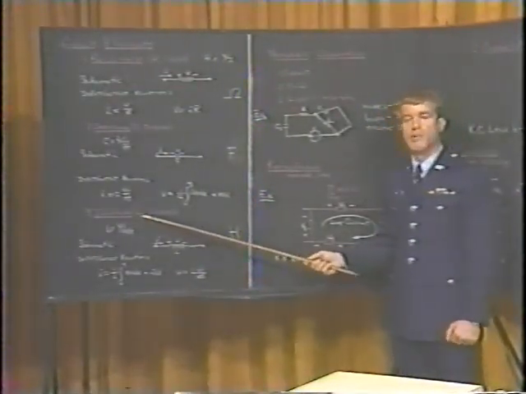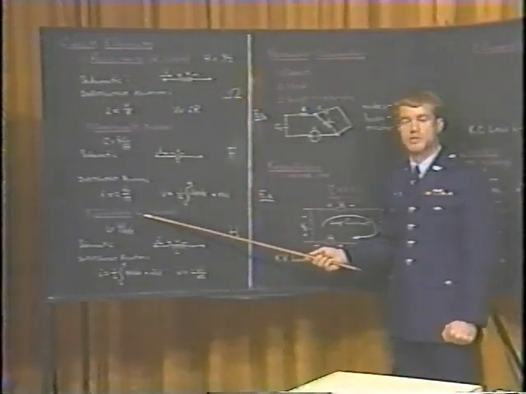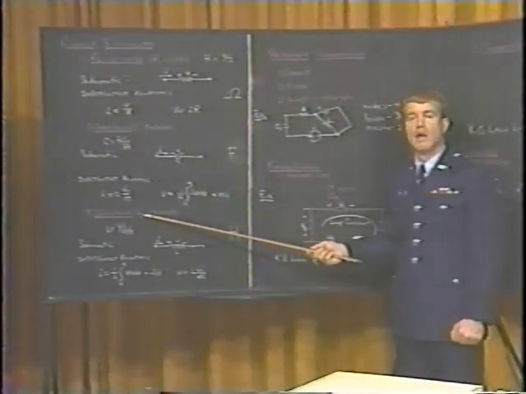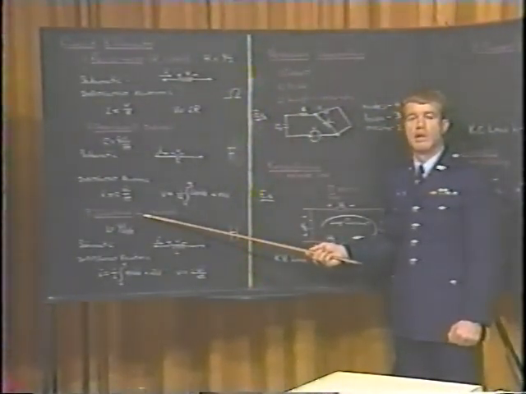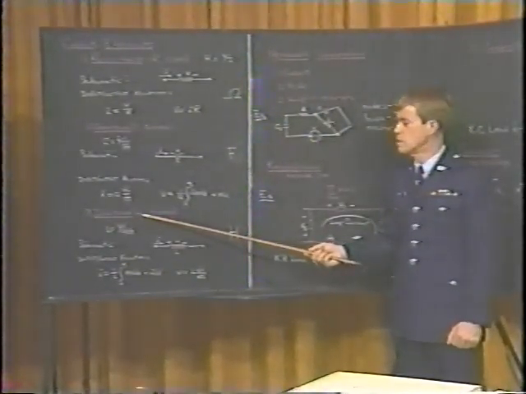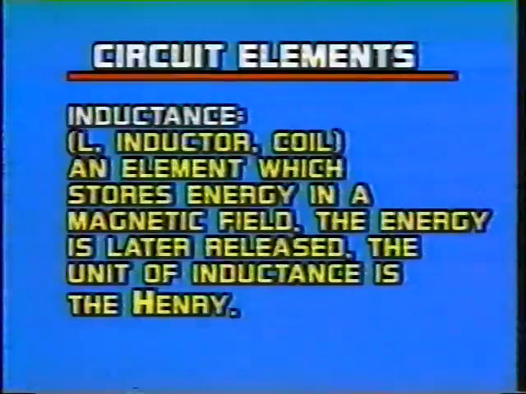The third circuit element we wish to look at is another energy storage device, and this time the energy is stored in the magnetic field of the device. This is the inductor. This is the Ohm's law relationship that defines inductance. This time it's the voltage across the device divided by the time rate of change of current through the device.